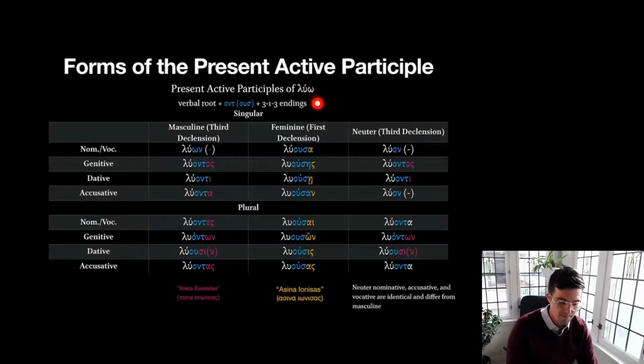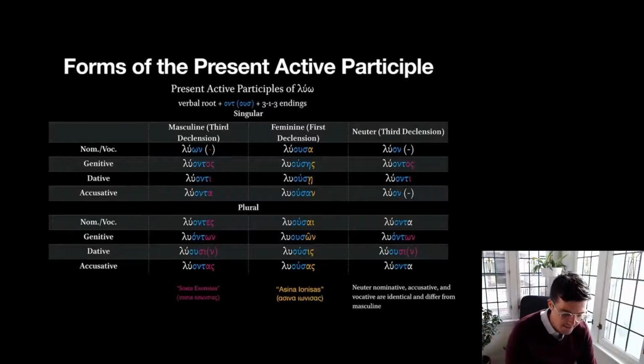What I've given you up here is how each one forms. So the verbal root plus ont, or ousa in the feminine. Notice that the ont is over here, the ousa is here in the feminine, and then the ont over here again in the neuter. So you see third declension, first declension, third declension.